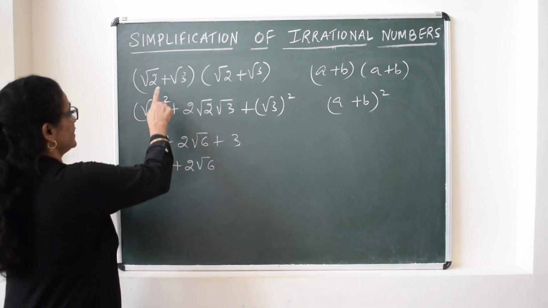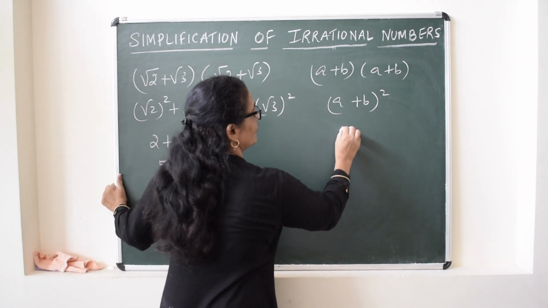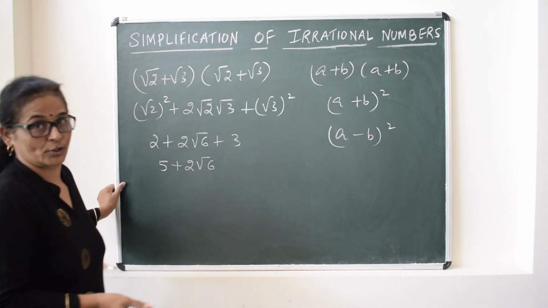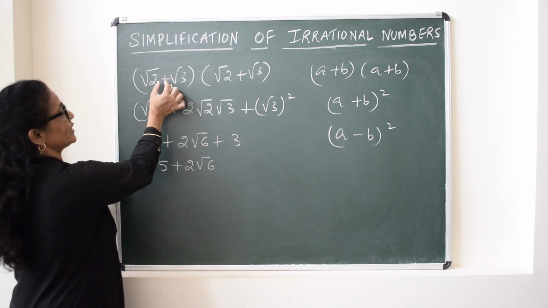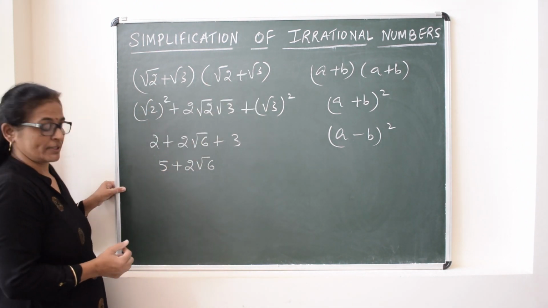Same thing. Instead of plus, if it is minus, then instead of a plus b, it will be a minus b the whole square. So same way, you just change this sign. Ultimately, it will be 5 minus 2 root 6.